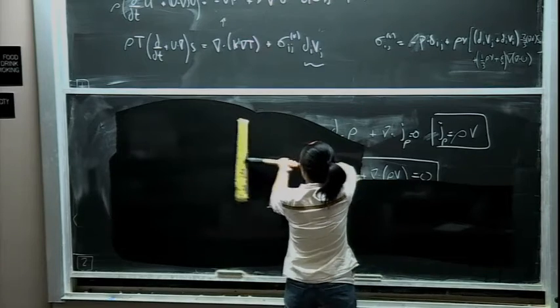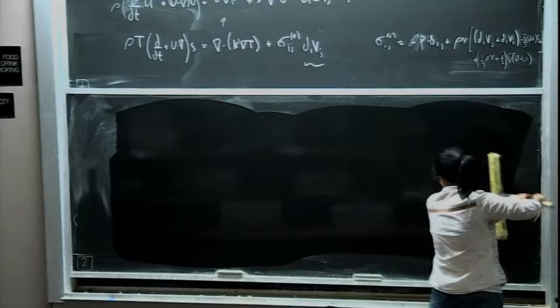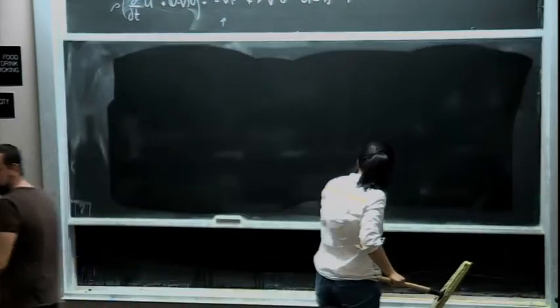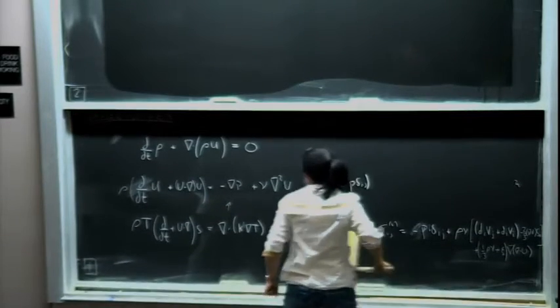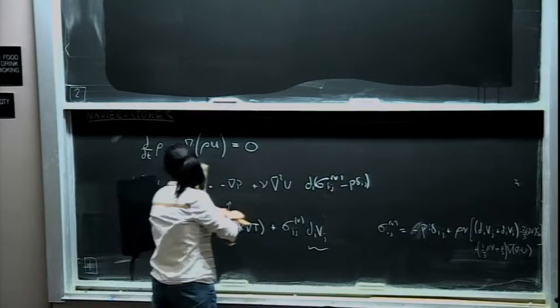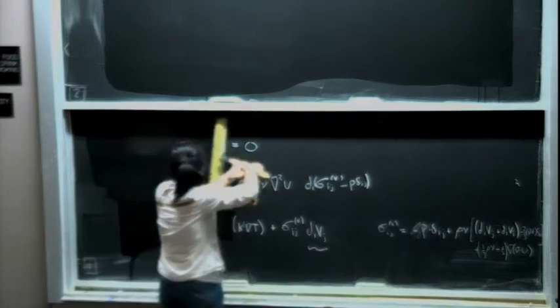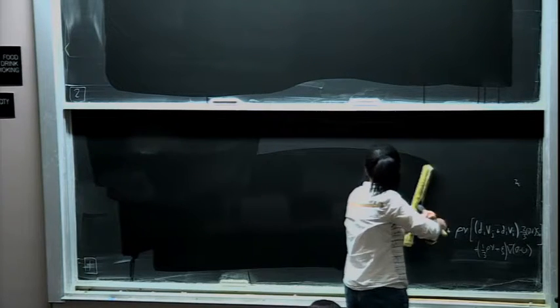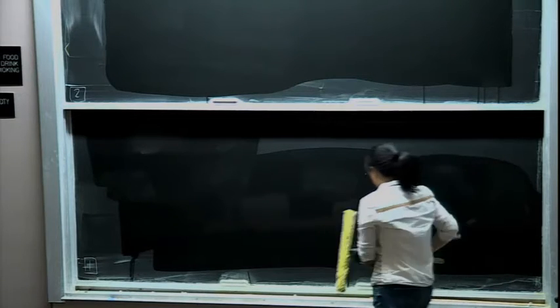Okay, so here this term is two terms. This is rho dot uj plus rho uj dot. And this term over here has two parts. It has di of rho vi times vj plus a rho vi di vj.